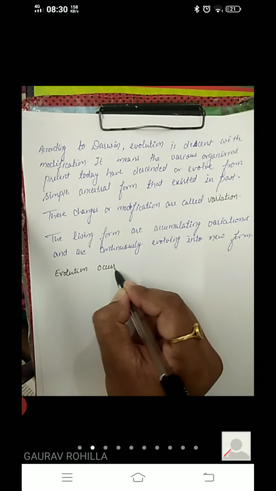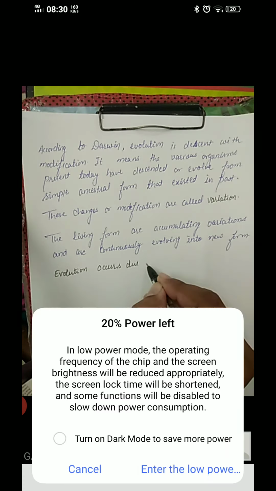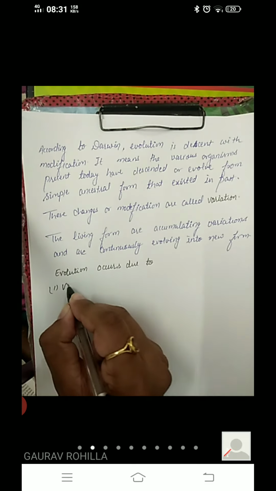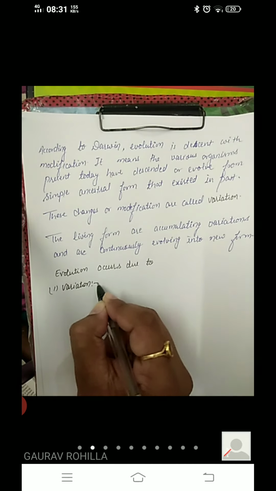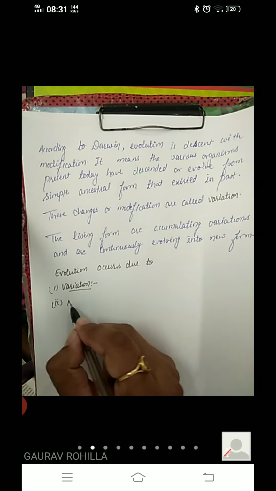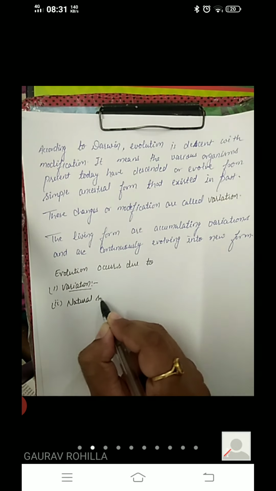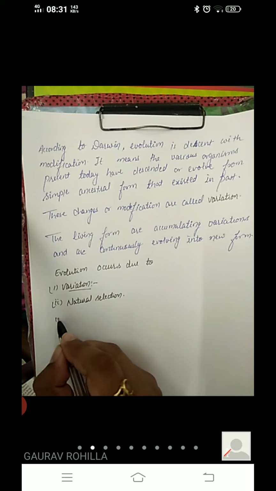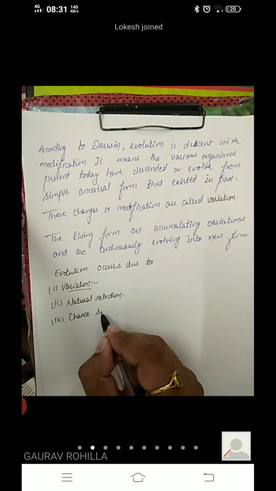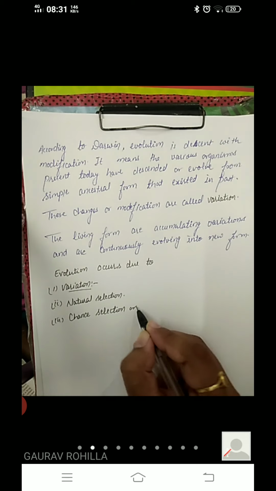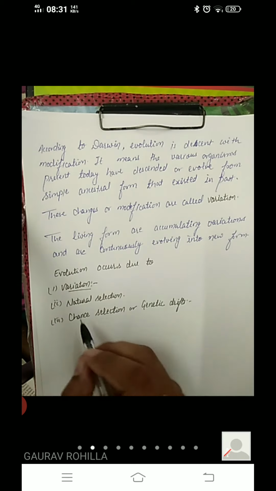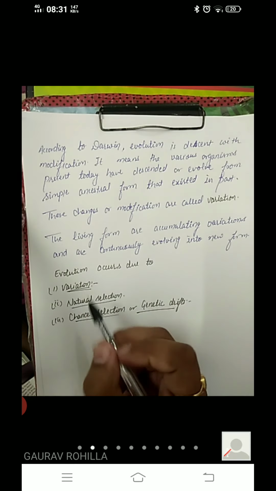Evolution occurs due to first variation, second natural selection, and third chance selection or genetic drift. These three concepts are responsible for evolution.